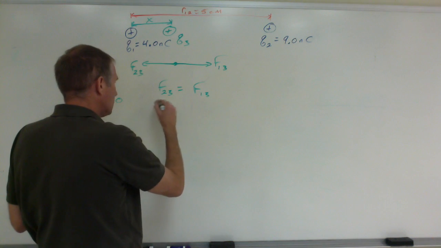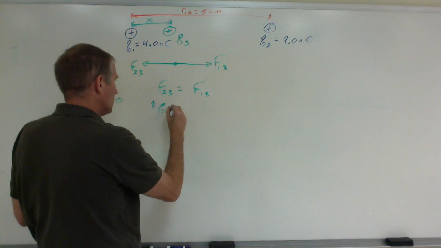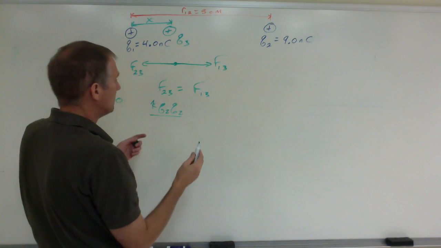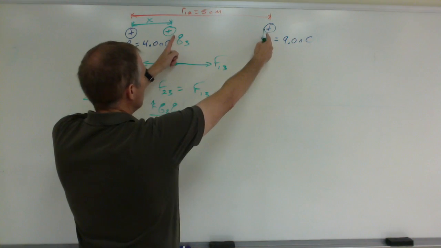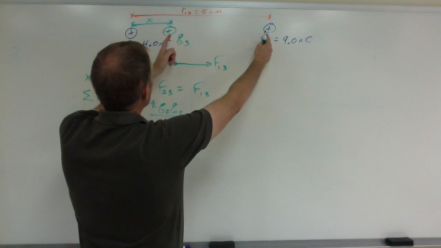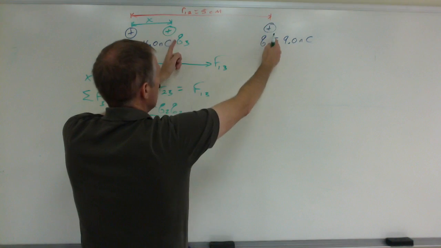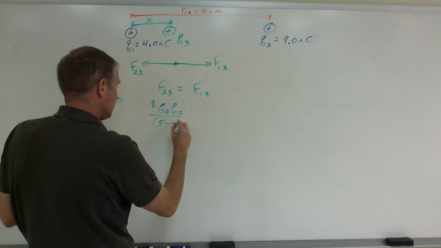Well, what's F23? It's going to be K times Q2 times Q3 all over the distance from 2 to 3. What is that distance? It's 5 minus x. 5 minus x is that distance there.